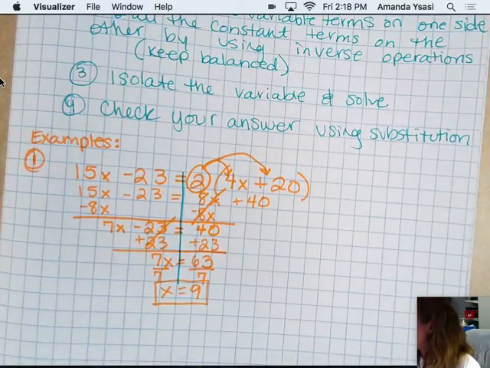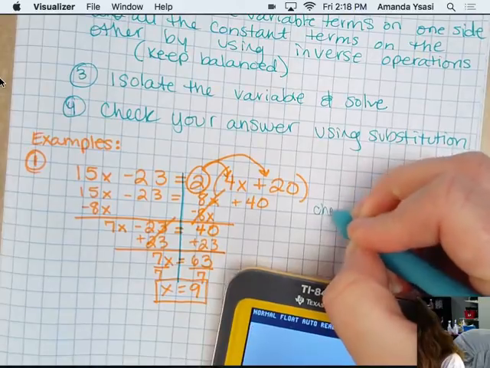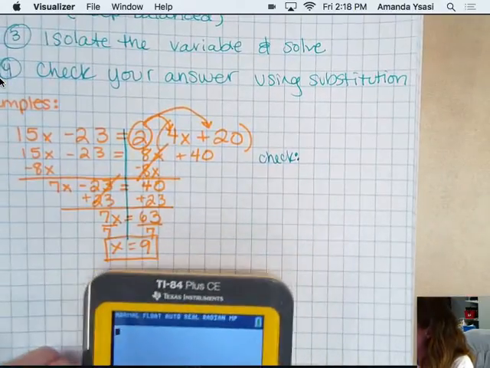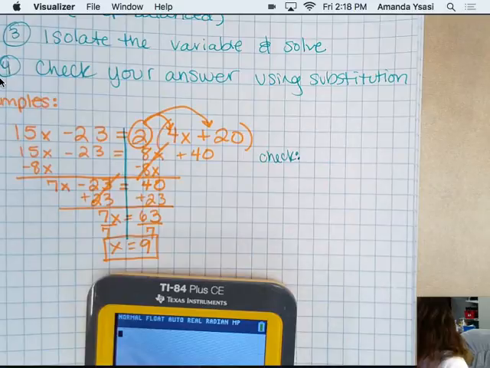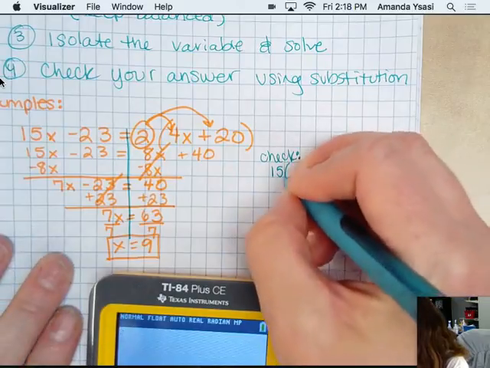And the way we check it, we can use our calculator. So out to the side, write check. And then every time you see an x, you're going to plug in a 9. So we're going to write down what we will put in our calculator. We don't have to work it out by hand. So 15 times 9.